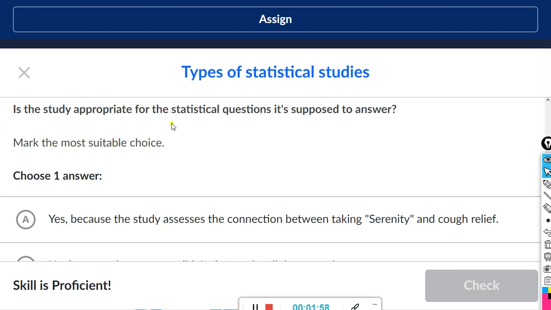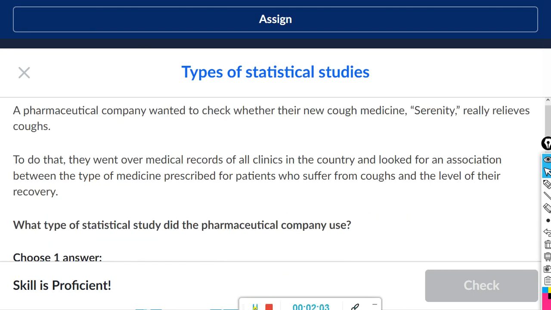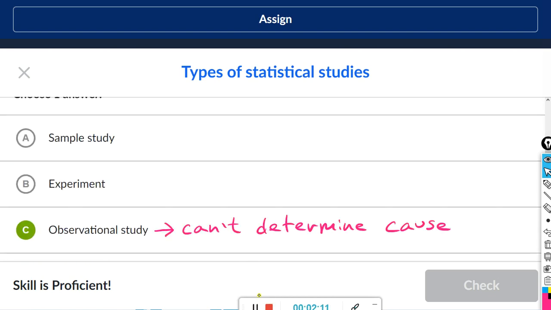Follow-up question, is the study appropriate for the statistical questions it's supposed to answer? Well, they wanted to see if their new cough medicine, Serenity, really relieves coughs. That's the question they wanted to answer. So the problem here with using an observational study is that you can't determine whether the medicine caused the people to stop coughing.